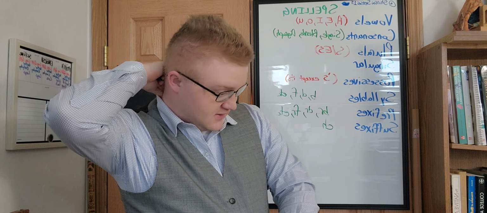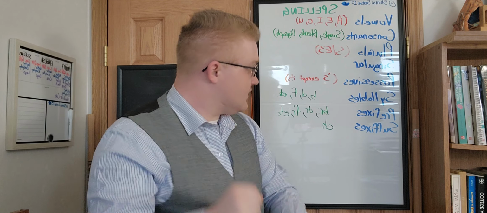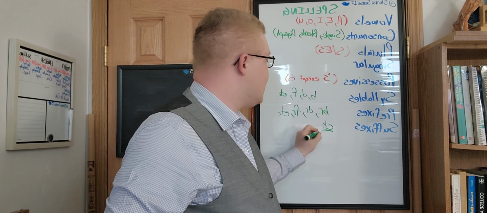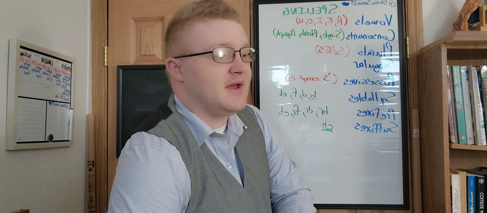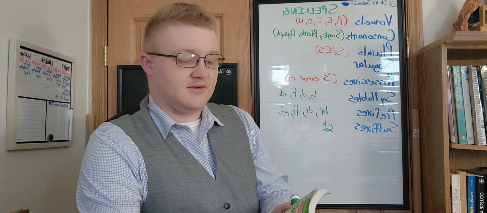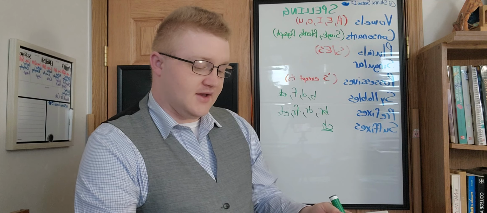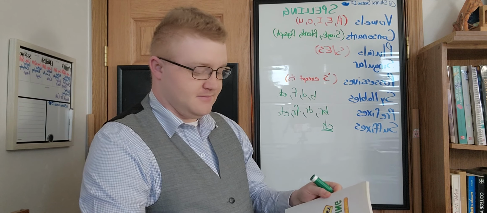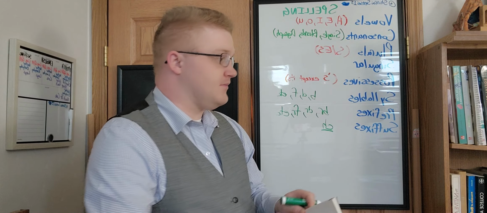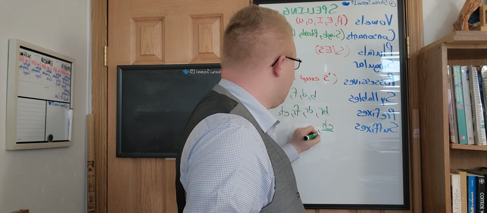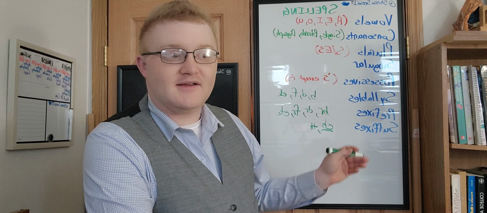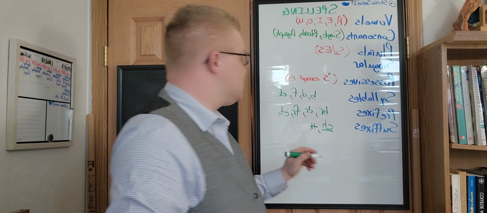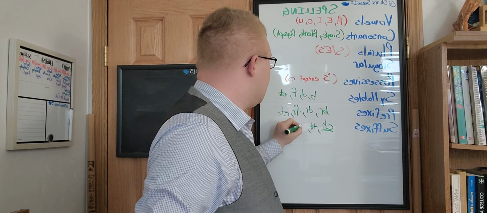So these digraphs also depend on where in the word they're placed, whether or not they're going to make that specific sound, right? But CH is probably the most common one. TH is another one. So like the, that, there, this, so on, so forth.